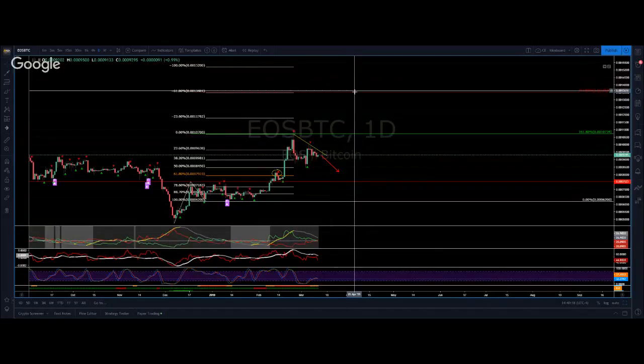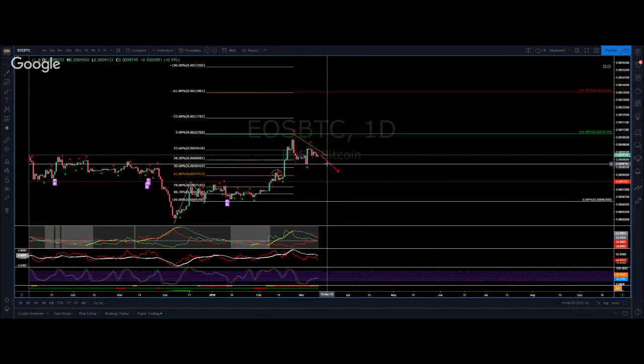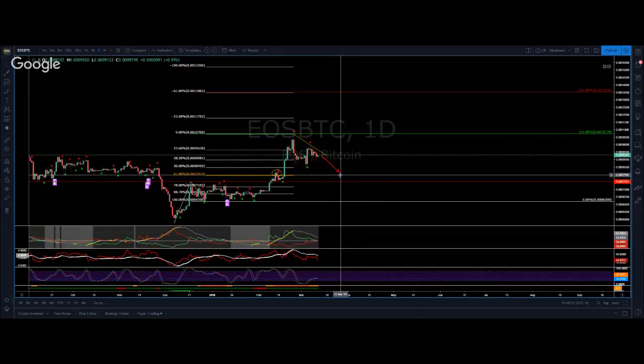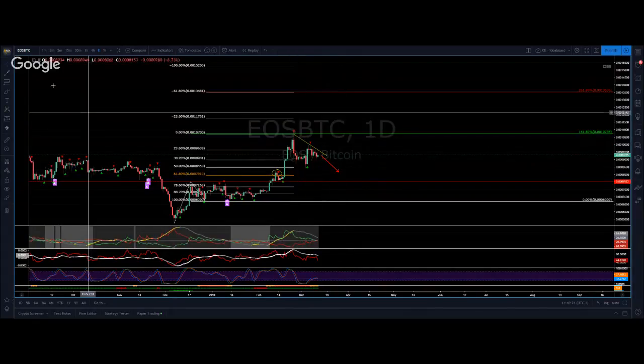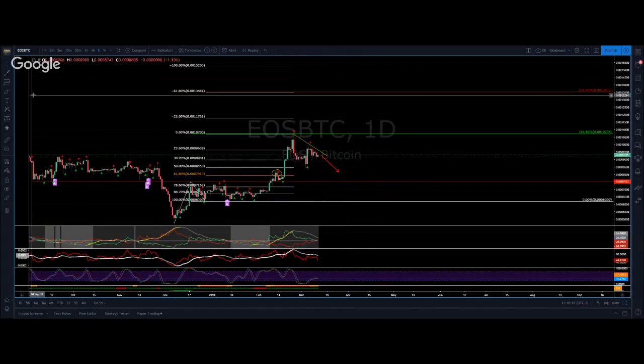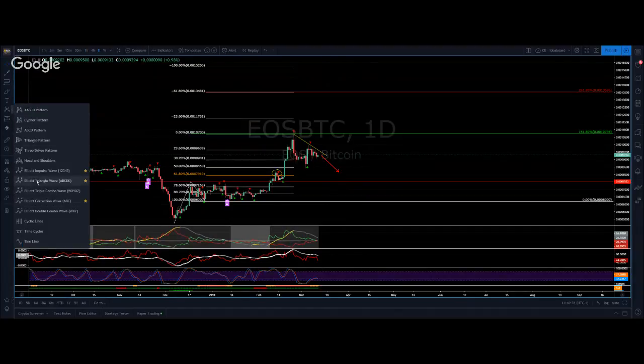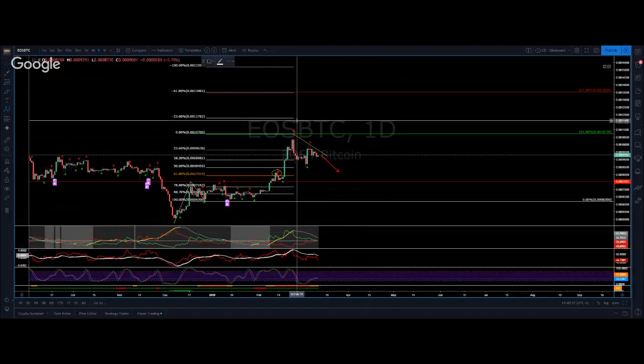It's a more probable target if you're able to retrace down to the 618. That's just my opinion from what I've seen in the past. The deeper you're able to retrace and still reclaim that support, the more juice it's going to have as it starts to react and move its way back up.